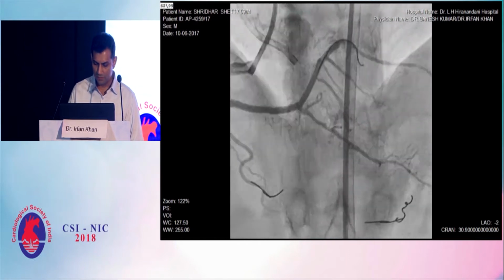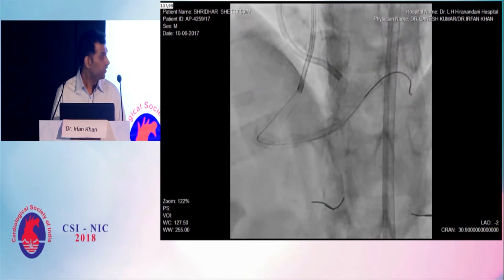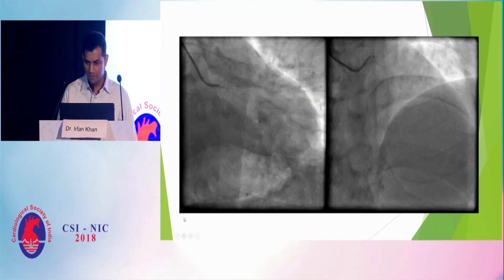This is a similar case, probably an antegrade CTO PCI attempted first.